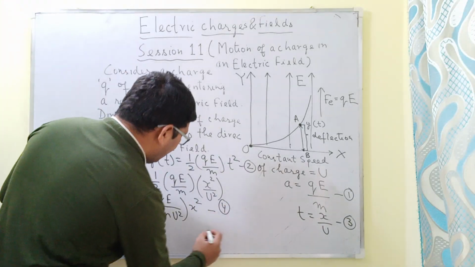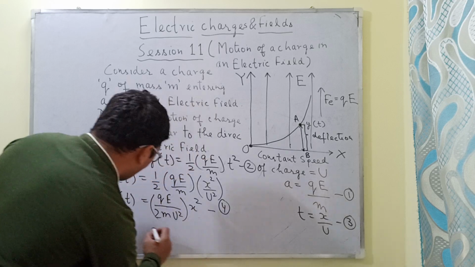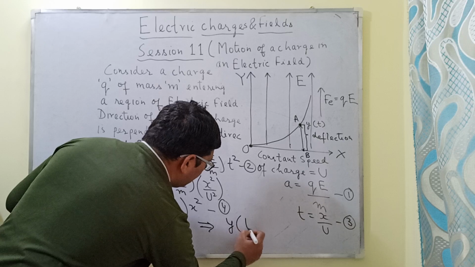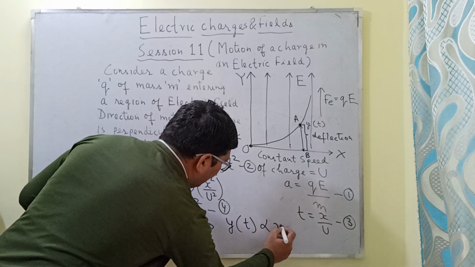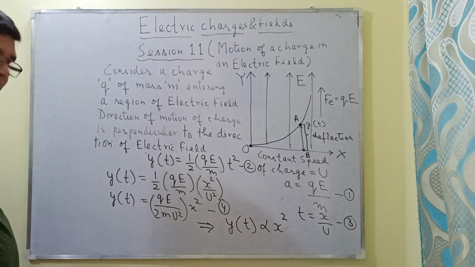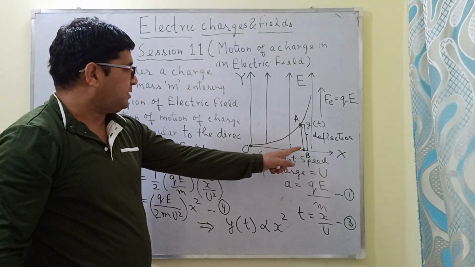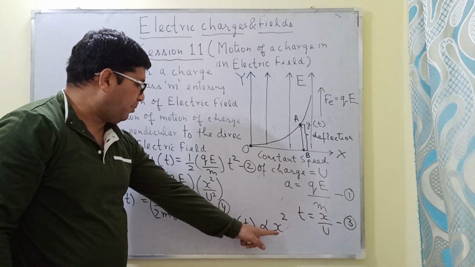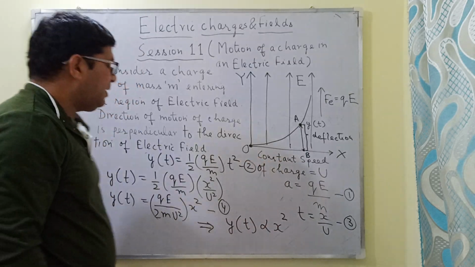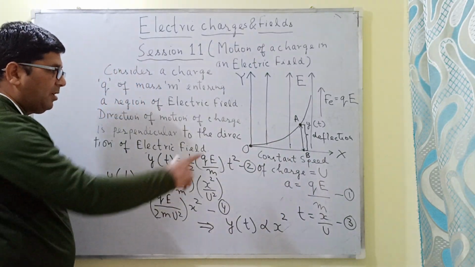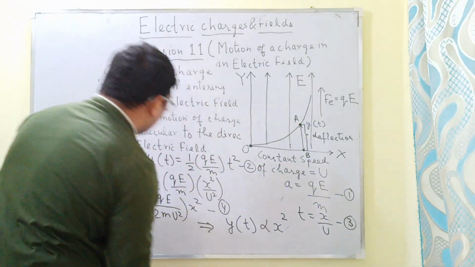It implies that yt is directly proportional to x square. That is, this displacement of this charge is directly proportional to x square, where x is the distance covered by the charge along the x-axis.